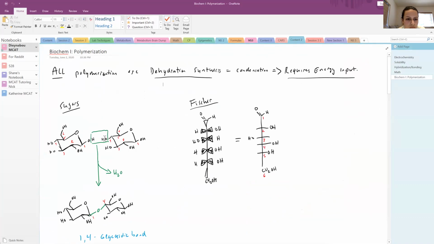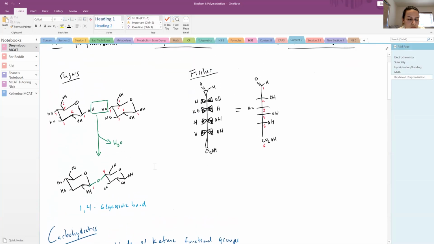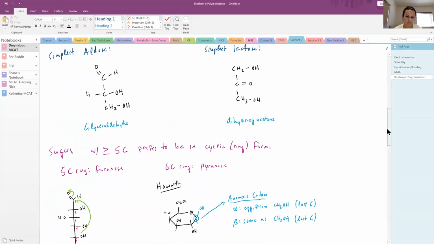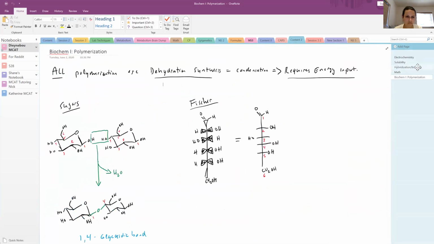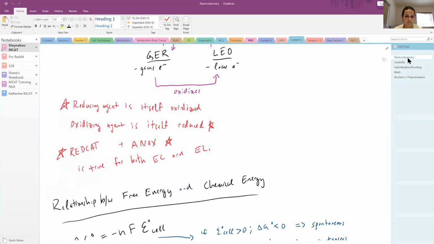See how this is OH and this is H, and that makes H2O. So that leaves, and then this O attaches to this carbon over here. So that's dehydration synthesis, if you want to know how that works. I wonder if I talk about breaking the bonds, but maybe here, no. All right. But yeah, you got the right idea.